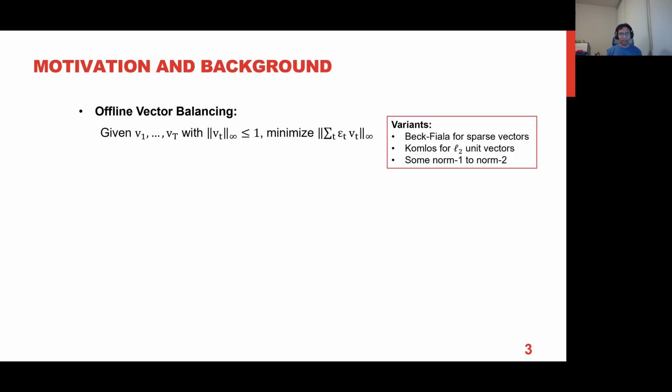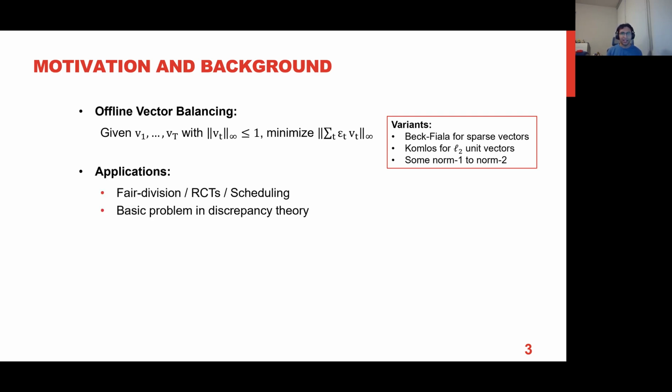So what's known for this problem? This is a very classical problem, the offline vector balancing that I just told you. There are generalizations of this problem, like the Beck-Fiala and Komlós problems, and the problem has been studied for other norms. I'll not get into those generalizations today. There are many applications, including fair division, randomized control trials, and scheduling. It's a very basic problem in discrepancy theory with multiple books written on this topic.